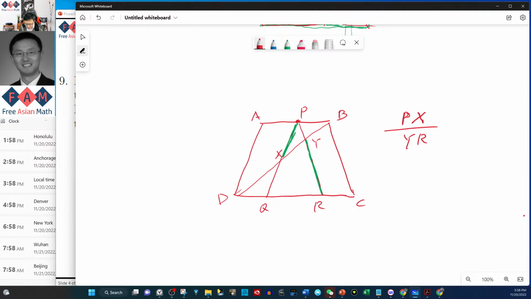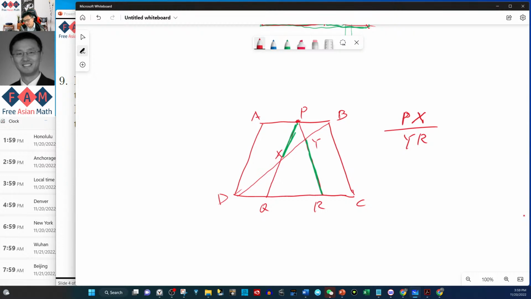Similarly, Y is the intersection of PR with this BD segment. Okay, so that means that we got to cut off this BD by PX and PY. But if you see that, you should immediately see, not maybe immediately, but very soon, you see that PX and YR are connected to both PQ and PR, right?